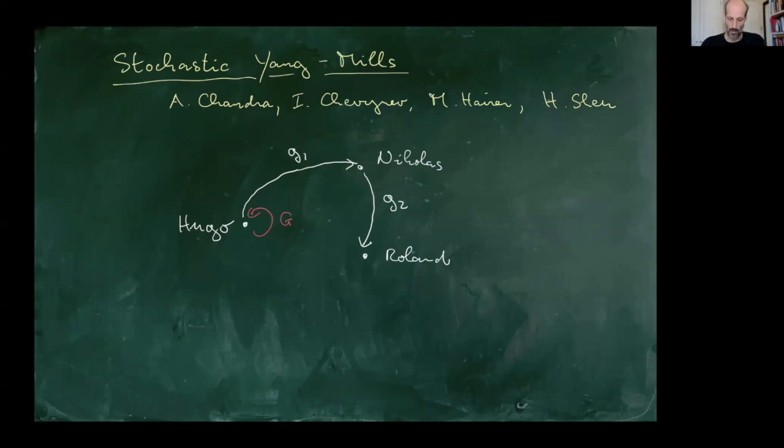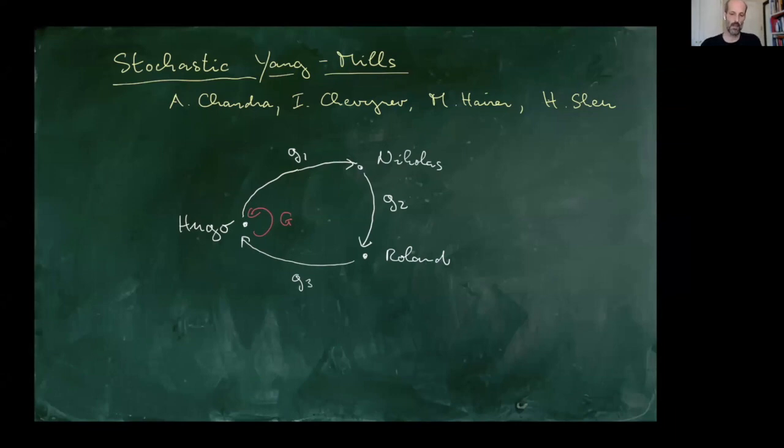Now, what could happen is that they could actually close the loop. So they could go back from Cambridge to Geneva, right? And now here's the interesting thing.